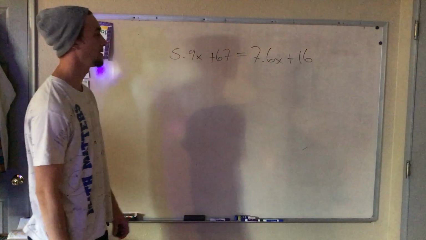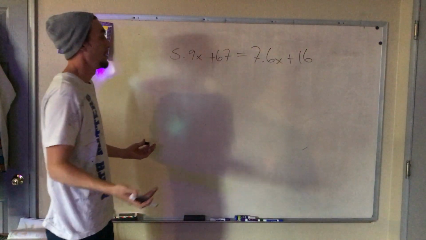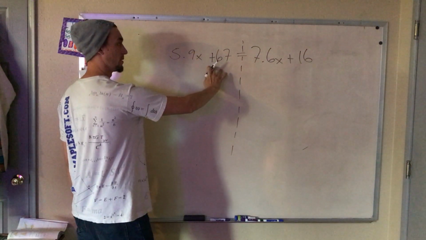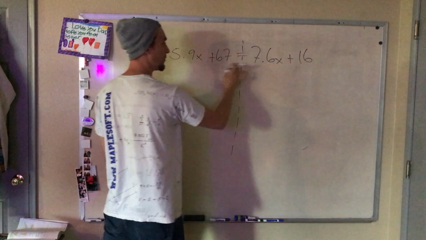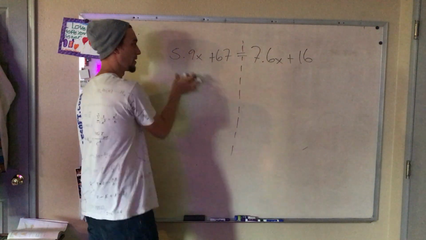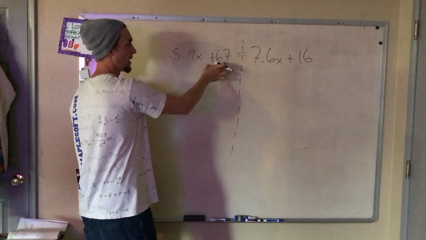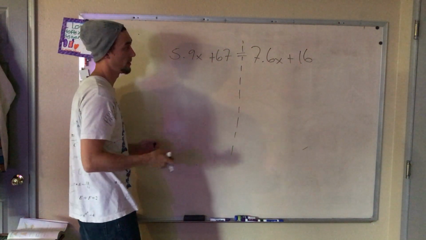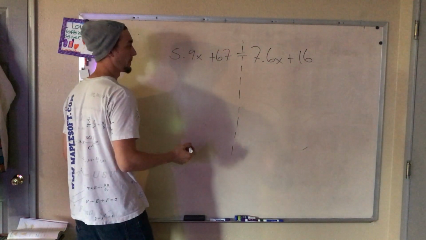Okay, now a lot of people ask, where do you start? I like to start with the plain numbers, and it really doesn't matter though. I could move the 7.6x over to this side, or I could move the 67 over to this side. I'm gonna have to do them both anyway, so some people do them all in one step.